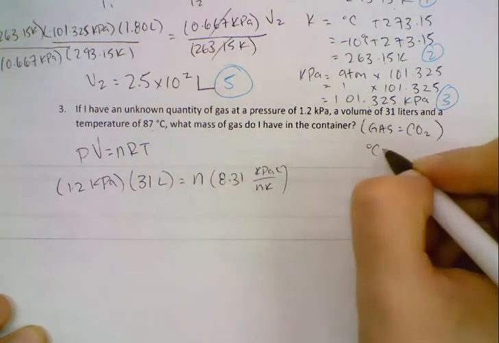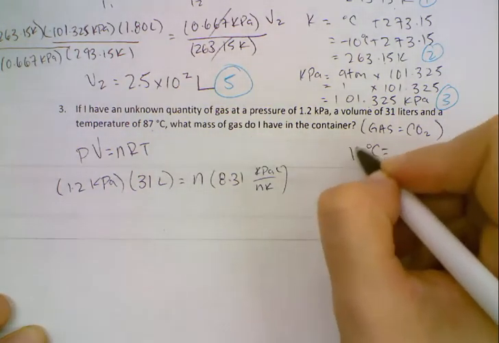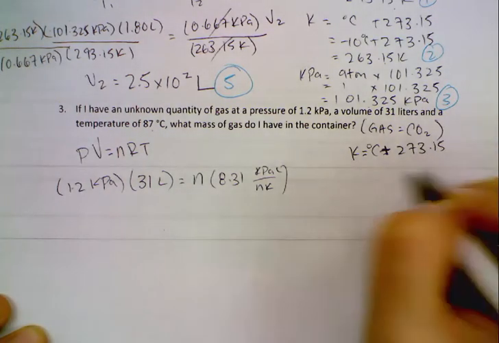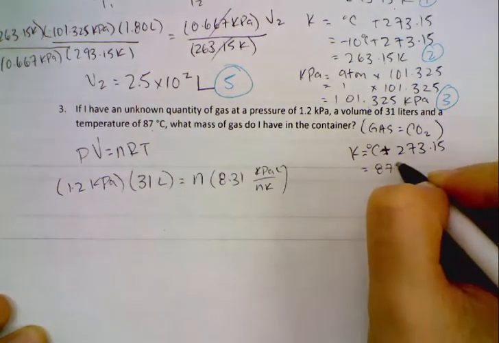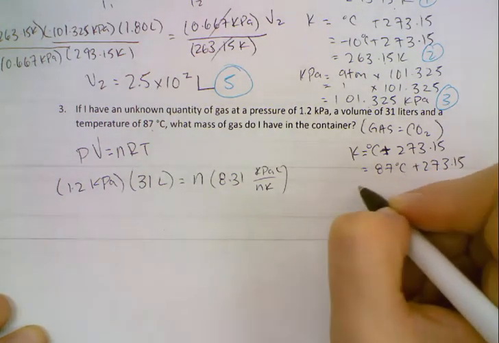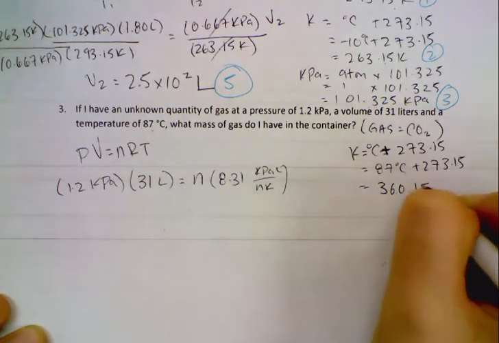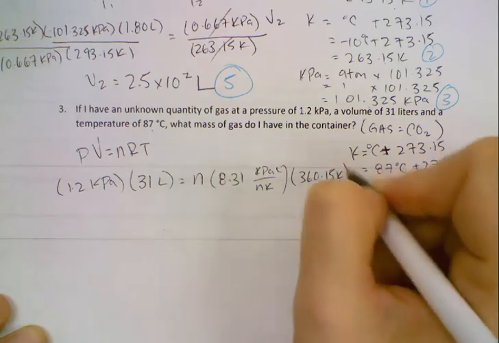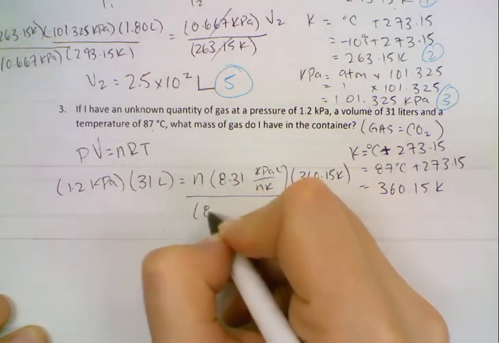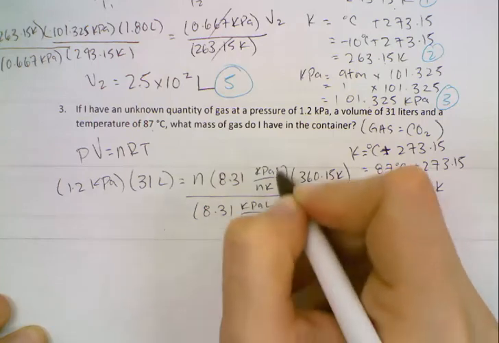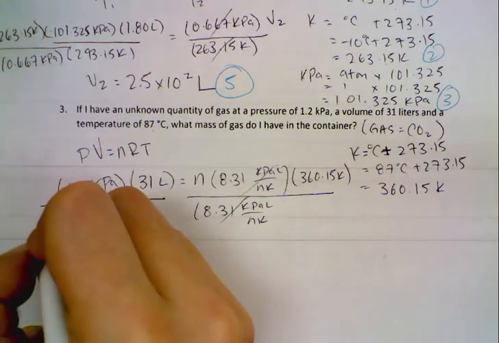So we know, same way we did it before, Kelvins equals degrees Celsius plus 273.15, which works out to be 360.15 kelvins. We're going to plug that in. Okay, so we need to divide both sides by 8.31 to get rid of this.